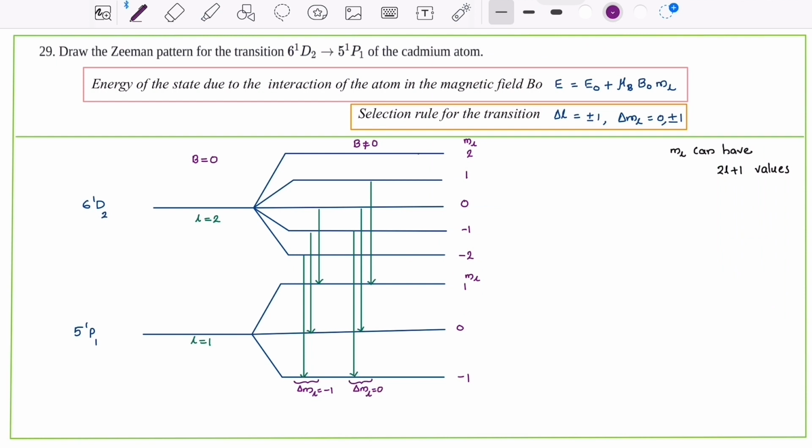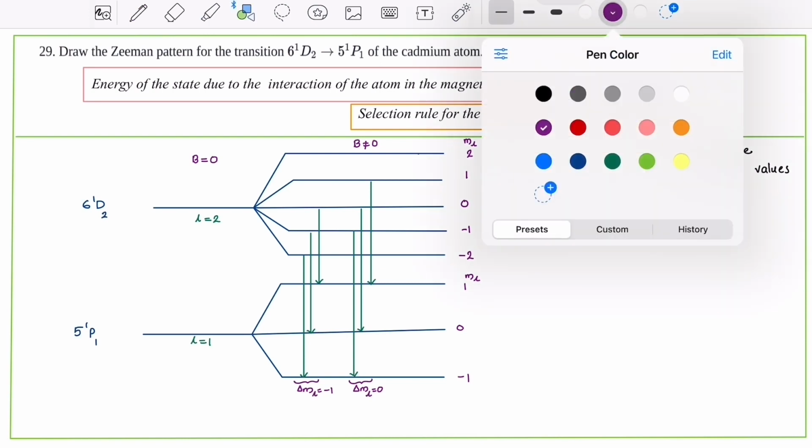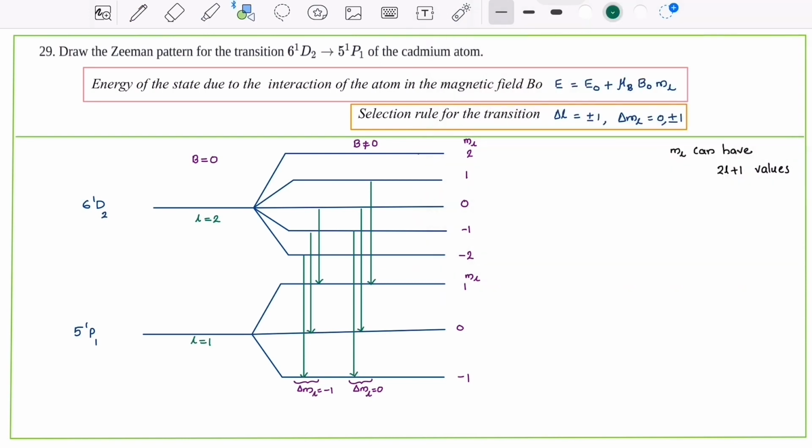Now again there are three more transitions corresponding to delta ML is plus 1, that is from 0 to -1, 1 to 0 and 2 to 1. These transitions correspond to delta ML is equal to plus 1.